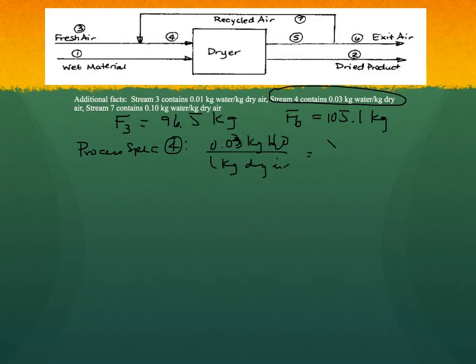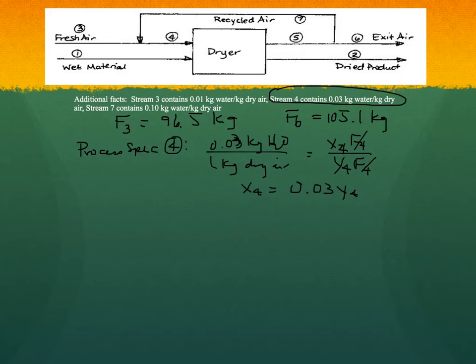So that's X for F4 over Y for F4. F4's cancel, so I end up with X4 is 0.03 Y4.